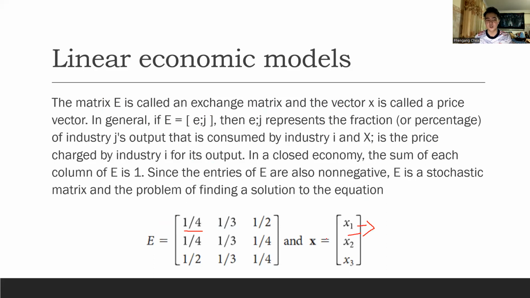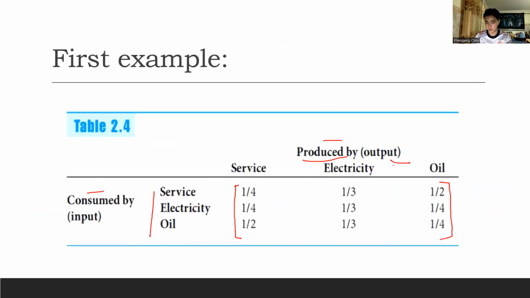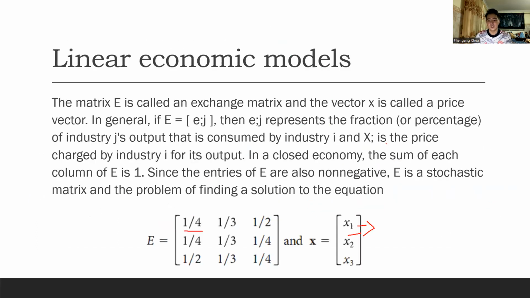So in the end of the exercise, we want to know the price of each product itself. In general, each entry E_ij represents a fraction or percentage of the industry's output, the price change by industry i for the output.